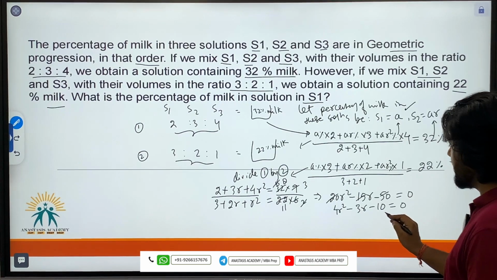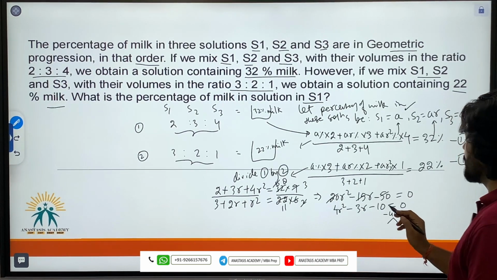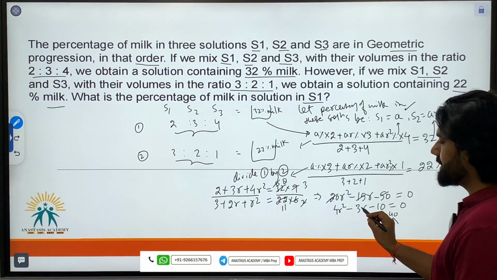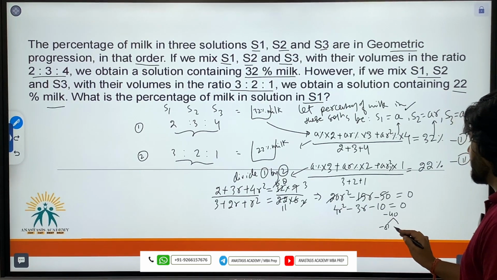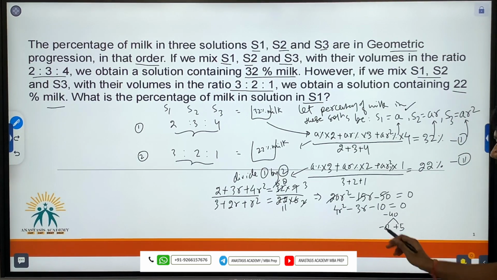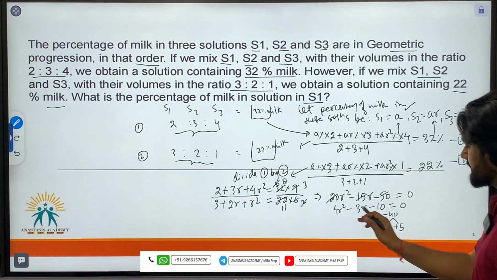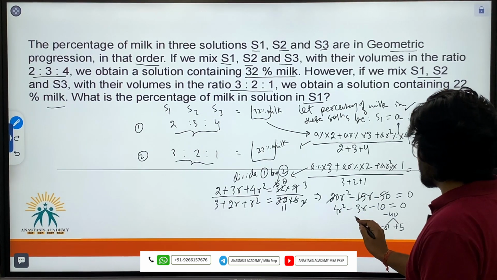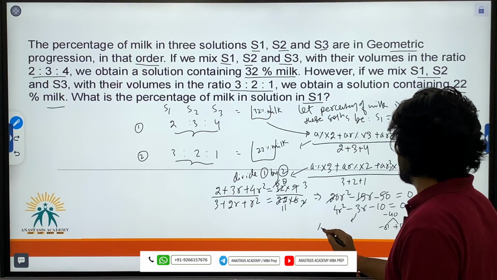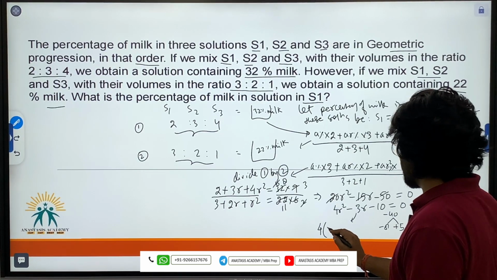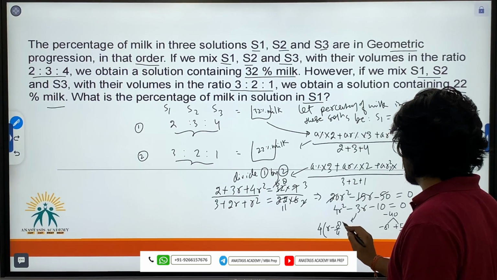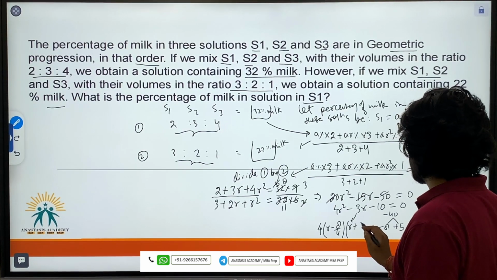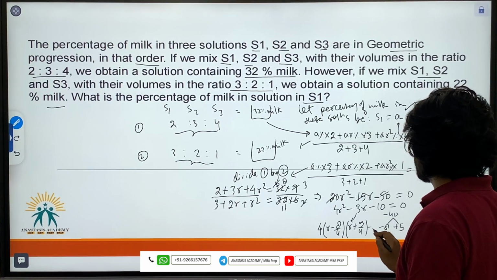I can break minus 40 in two terms such that their sum is minus 3. So they are minus 8 plus 5, right? Product is minus 40 and sum is minus 3. So this equation can be factorized like 4 times r minus 2 and r plus 5 by 4 is equal to 0.